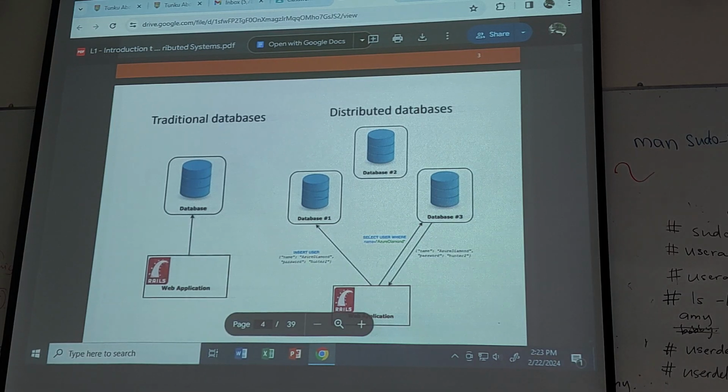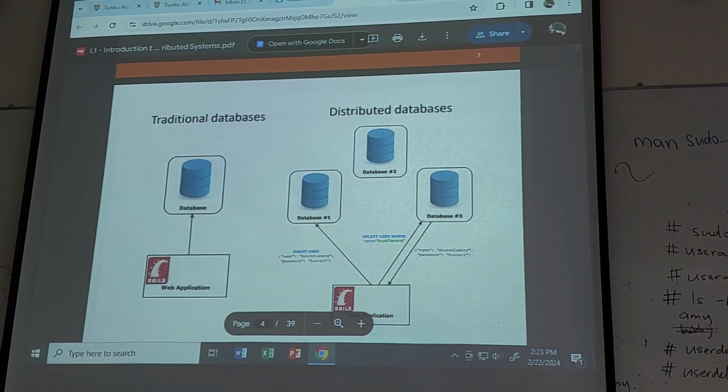Now database 1 maybe can be doing something else, like for example, you want to add a new user, you want to delete the old users. We can use database 1. So the task is distributed among all the databases. Each database might have smaller size, and it can be in different parts of the world as well. For example, database 3 can be in China, database 1 can be in Asia.